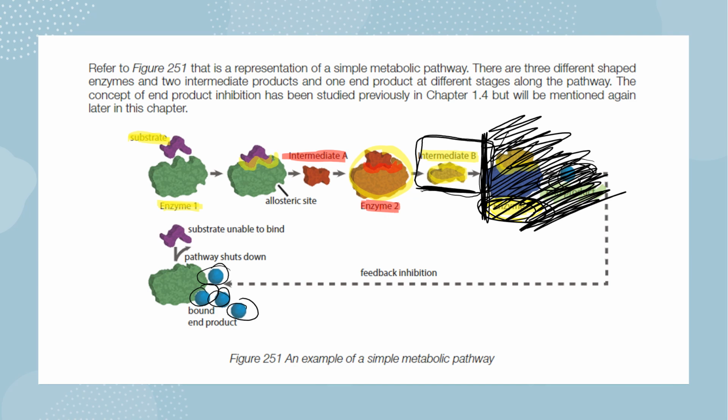So if this product has essential roles in the body, for example, maybe it's a hormone that regulates sweating, this person would likely sweat more than the regular person who produces this end product hormone. So it can have lots of issues for people who have particular enzymes that aren't functioning well, and that leads into our exam practice question.